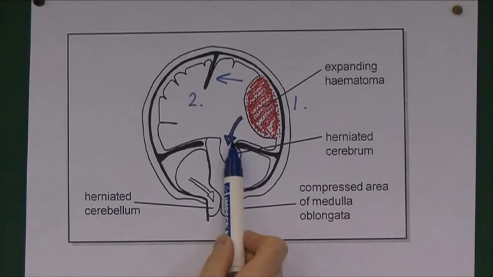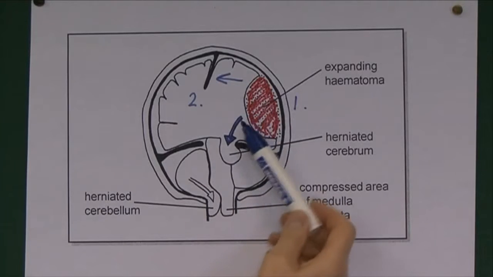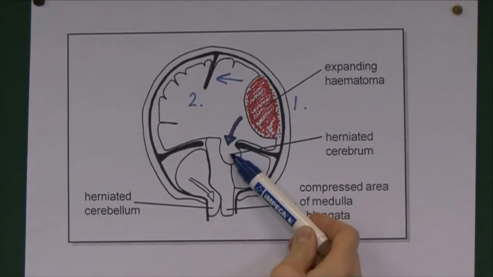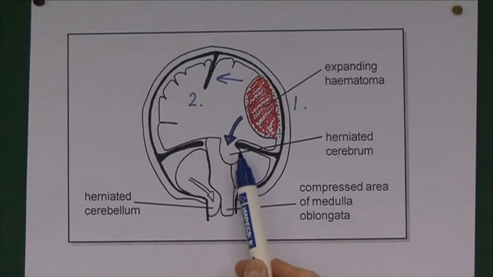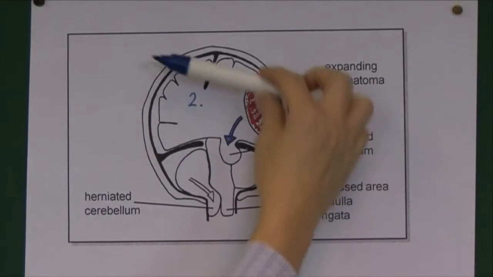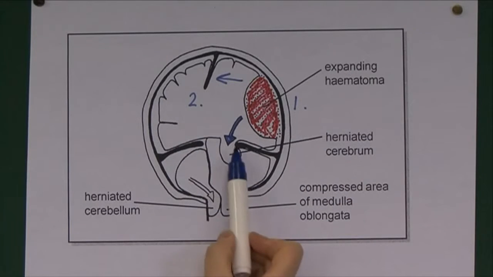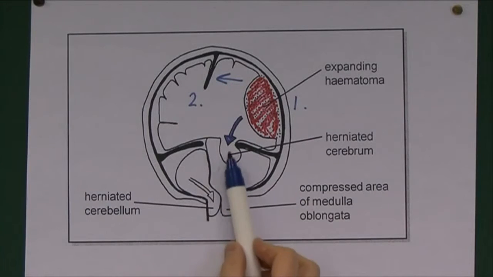So here part of the temporal lobe has been pushed by the pressure of the hematoma through the tentorium. Now we've got part of the temporal lobe that has been herniated into the infratentorial space from the supratentorial space. This means we have a mass of tissue now in the infratentorial space which should not be there. It is herniated through.